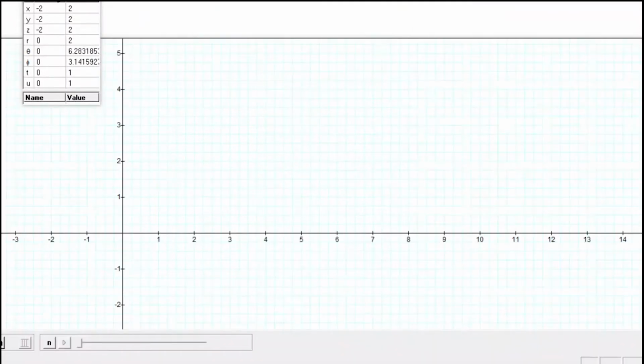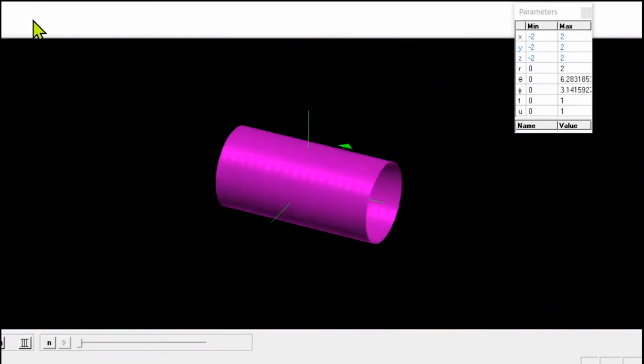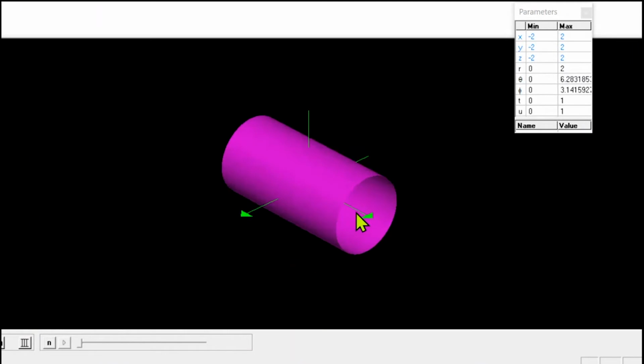Okay, so if we have a cylinder, we'll just make the radius 1. So we have x squared plus z squared is equal to 1. We have this cylinder, which is what I originally drew.